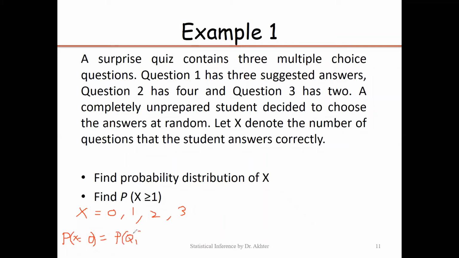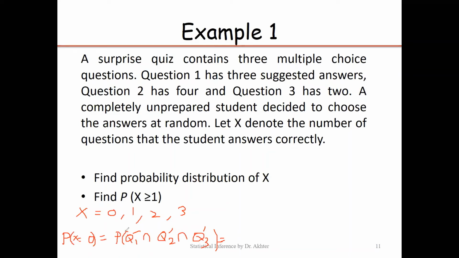So I'm just writing this q1 dash intersection q2 dash and intersection q3 dash. This is the way of computing these probabilities. Now the questions are solved independently. The intersection can be computed by just multiplying these probabilities.